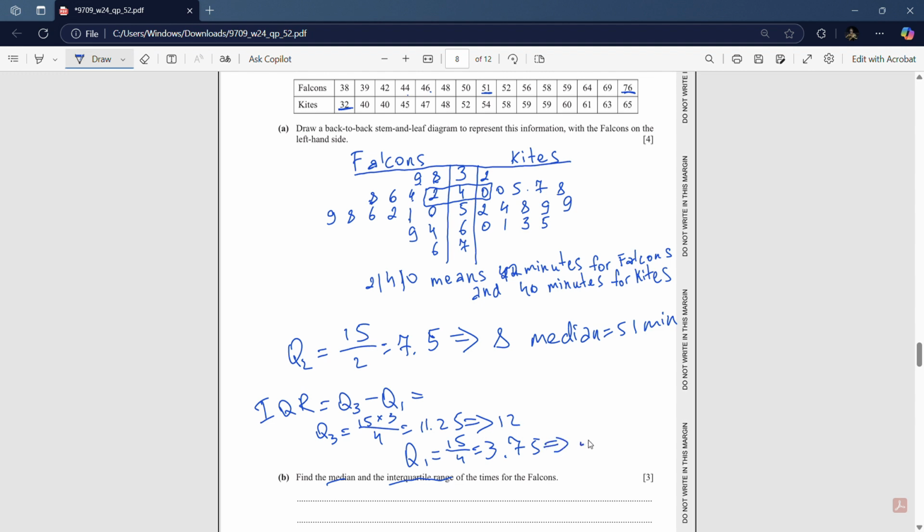We should be looking for the 4th. So the 4th is 44, so we have 44 here, and the 12th: 4, 5, 6, 7, 8, 9, 10, 11, 12th. Okay, 59. So 59 minus 44, and we have 15 minutes of interquartile range.